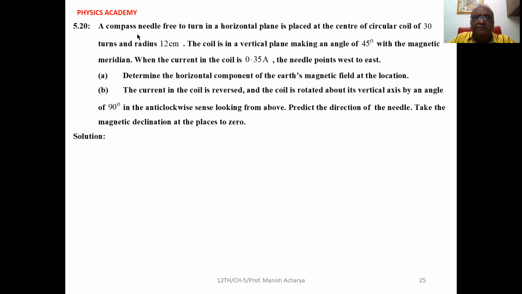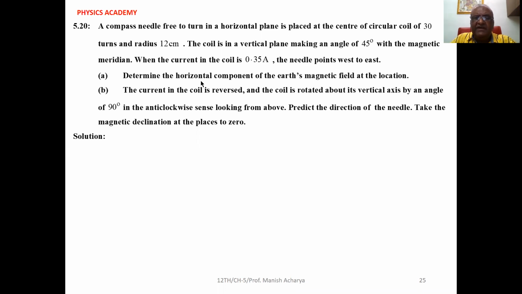5.20. A compass needle free to turn in a horizontal plane is placed at the center of a circular coil of 30 turns and radius 12 centimeter. The coil is in a vertical plane making an angle of 45 degree with the magnetic meridian. When the current in the coil is 0.35 ampere, the needle points west to east.